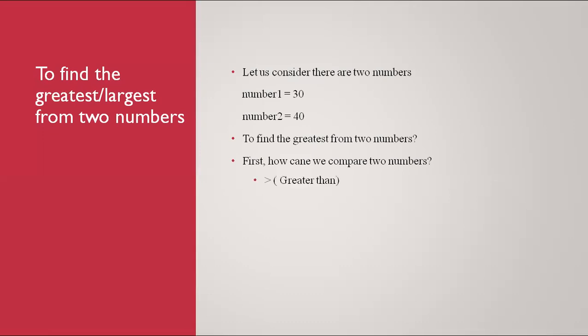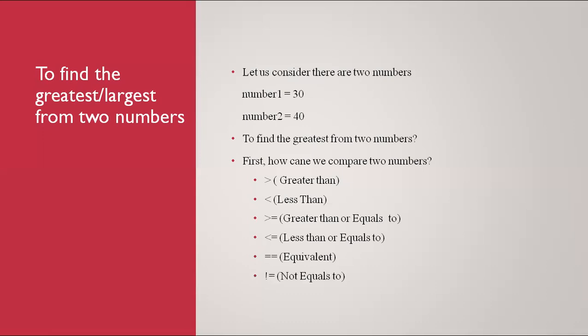So in order to compare two numbers, we use operators like greater than, less than, greater than or equal to, less than or equal to, double equals, which is for equivalence, and then not equals. So these are the comparisons or relations which we see between two numbers.